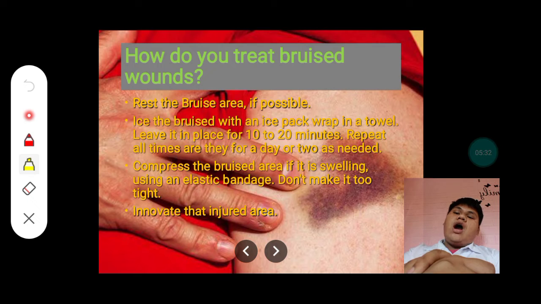Repeat several times a day for a day or 2 as needed. Number 3, compress the bruised area if it is swelling, using an elastic bandage. Don't make it too tight. Number 4, elevate the injured area.